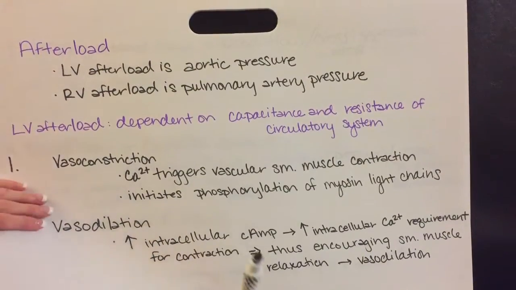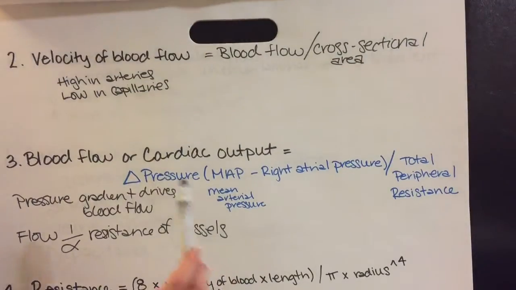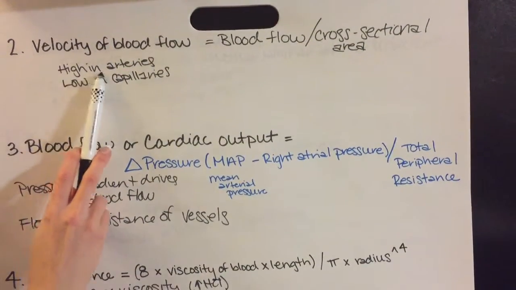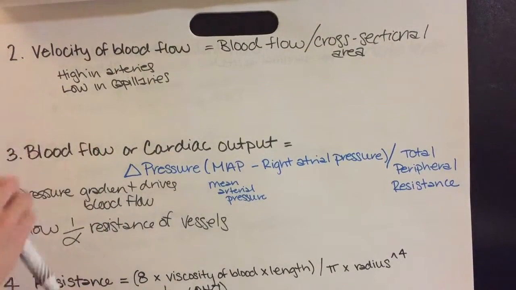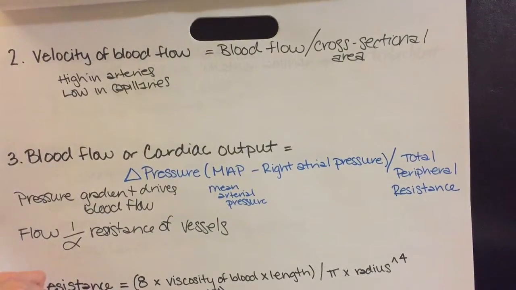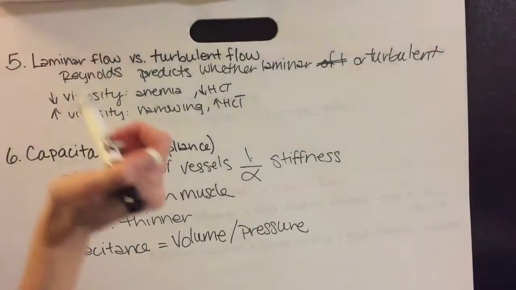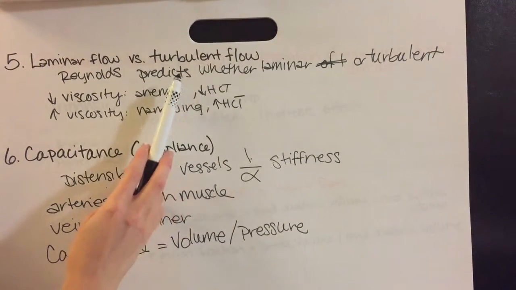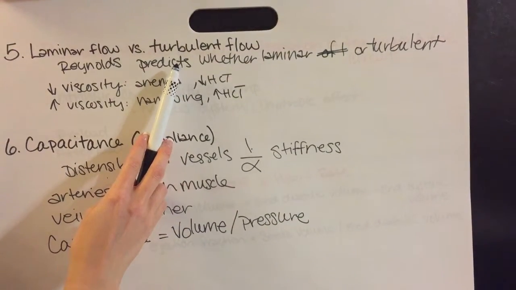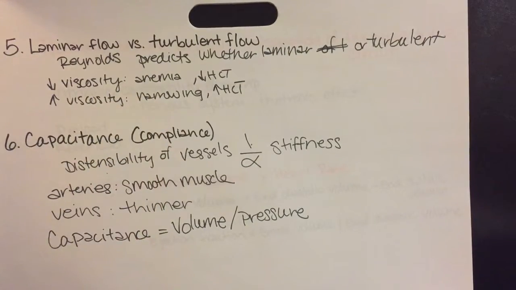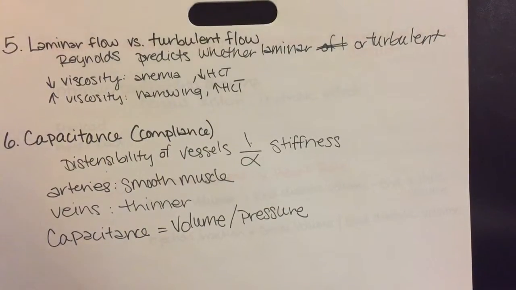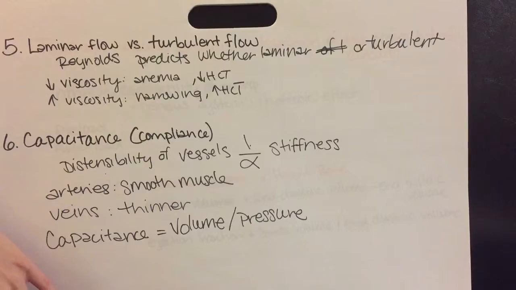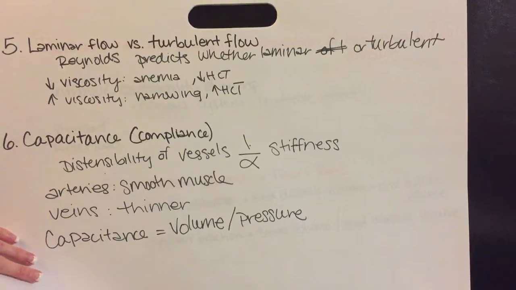You'll also have faster velocity of blood flow with higher resistance, and with narrowing, you can also have more turbulent flow, which can also increase your resistance. So they all come together in terms of a final picture of the afterload on the left ventricle.